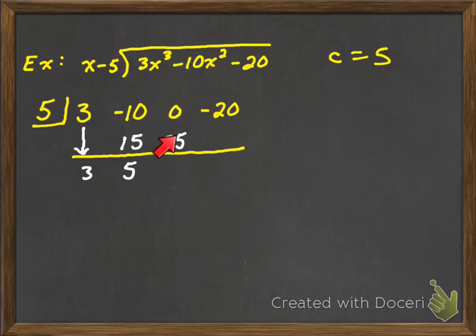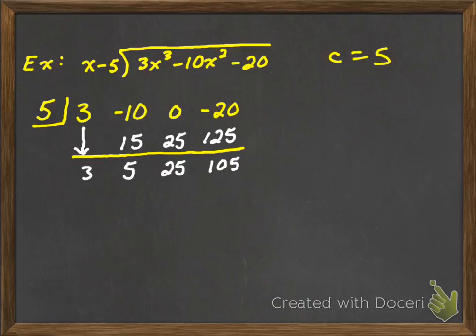Add these two numbers together. Now we multiply 5 times the 25, put that answer here. And then we add these two things together, which will be 105.